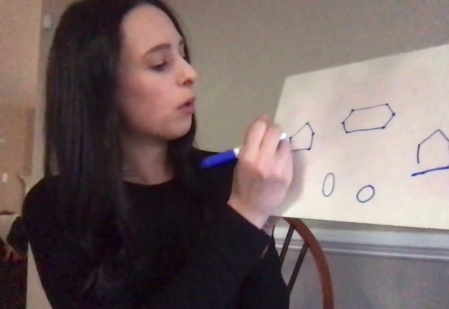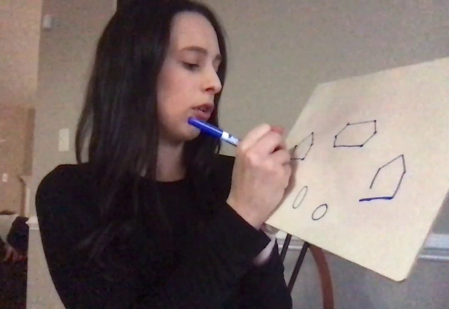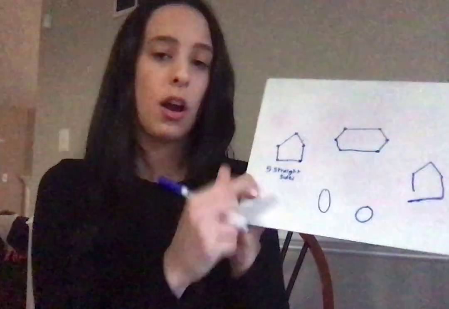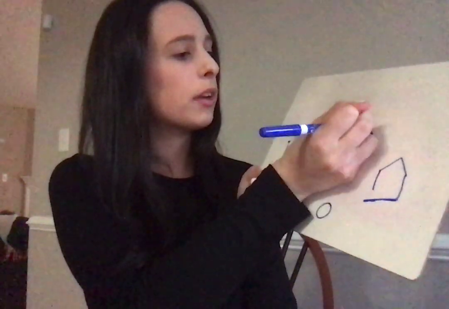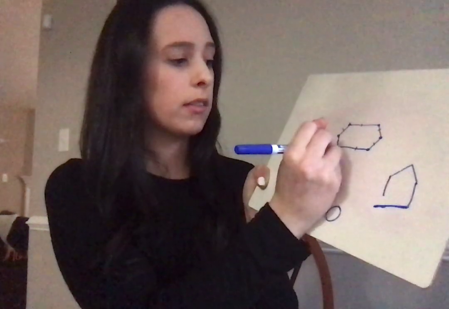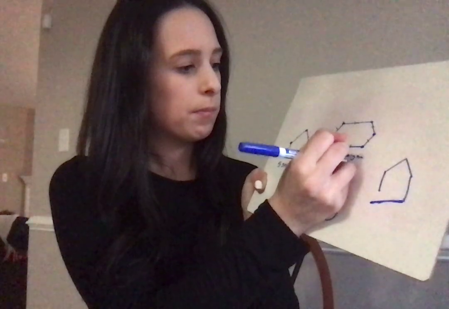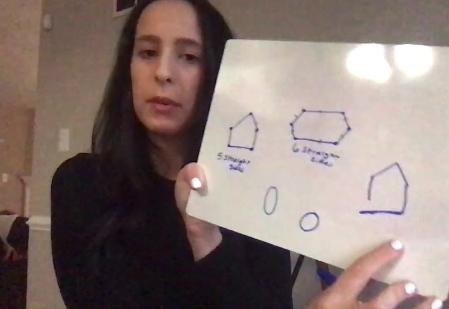This one has 1, 2, 3, 4, 5 straight sides. So I'm going to write 5 straight sides under that one. This one has 1, 2, 3, 4, 5, 6 straight sides. Over here, though, I'm going to think about it.